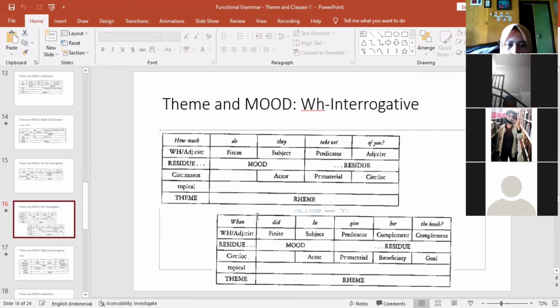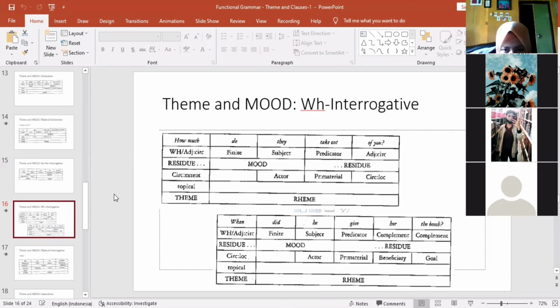For example: how much do they take out of you? For the mood analysis, how much is WH adjunct circumstance, do is finite, they is subject, take out is predicator, of you is adjunct circumstance.